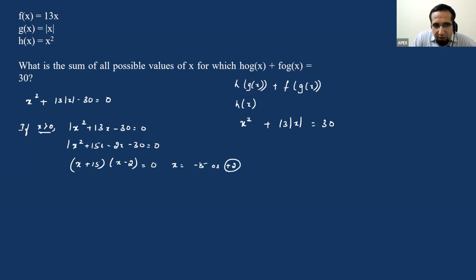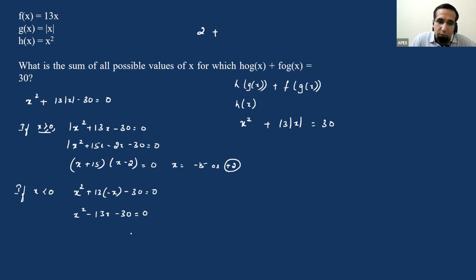Clear? Now, since we are in this condition where x is greater than or equal to 0, the value of x is equal to 2, which is accepted. Now, if x is less than 0, to remove the modulus sign, we change the signs here. So this becomes x square minus 13x minus 30 is equal to 0.